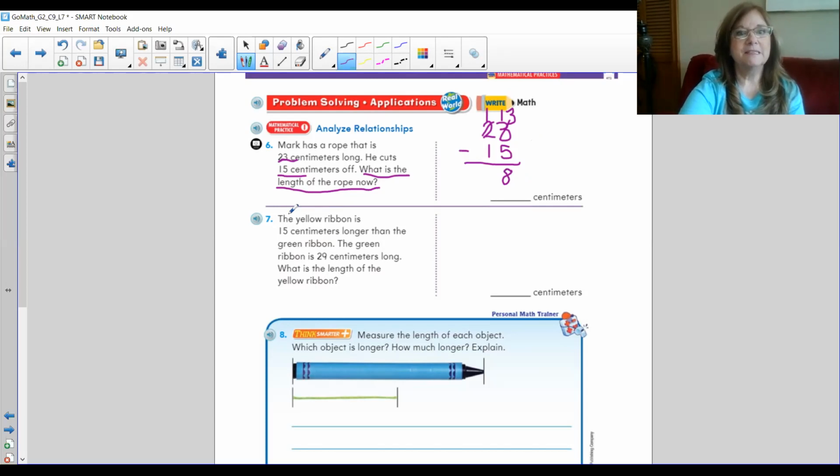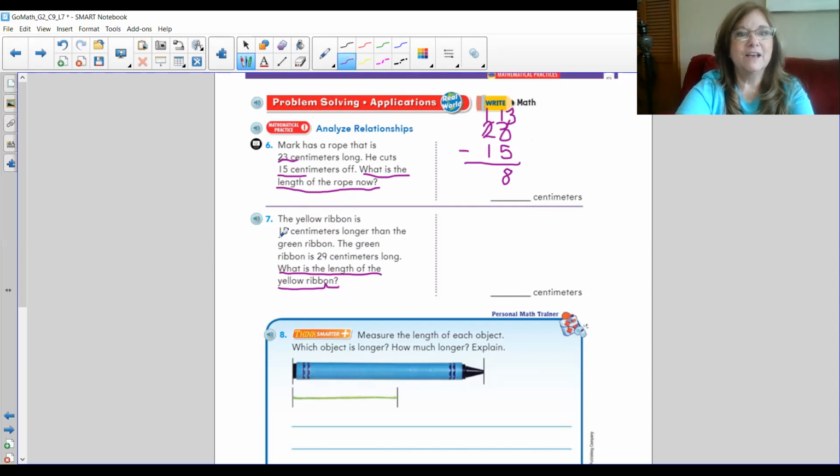So the next problem is the yellow ribbon is 15 centimeters longer than the green ribbon. The green ribbon is 29 centimeters long. And here's our question. What is the length of the yellow ribbon? Okay, so what information are we going to use? We need to find out how long the yellow ribbon is, because it doesn't tell us.